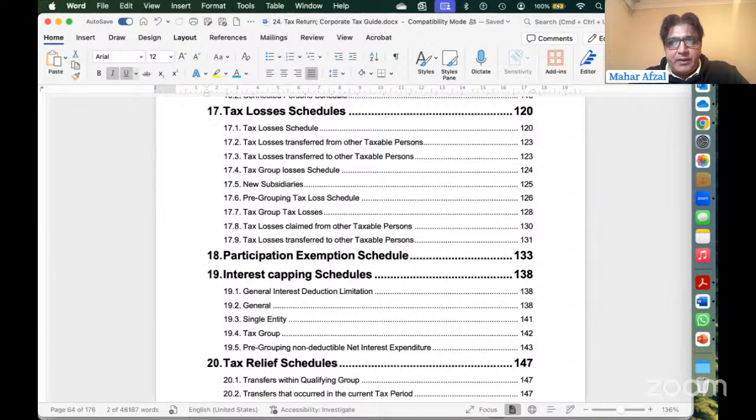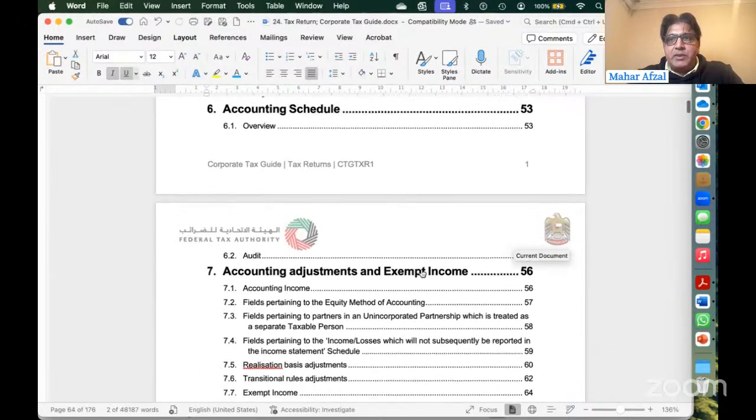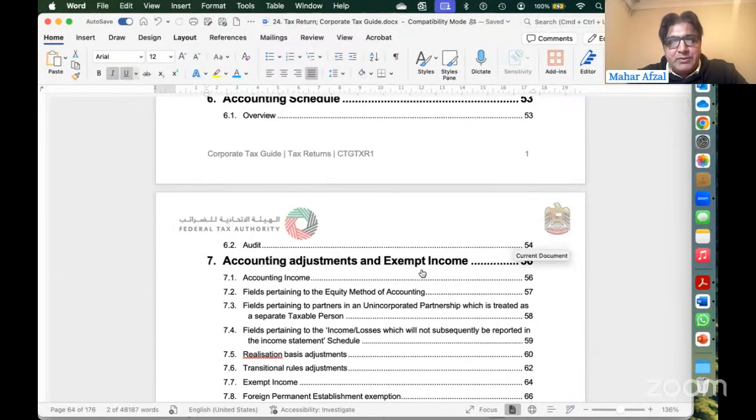Now we are discussing the guide. Before going through the guide, it is very important to update you that each and every question we're discussing today is important because it has been given on the FTA portal, and every question has a logic.